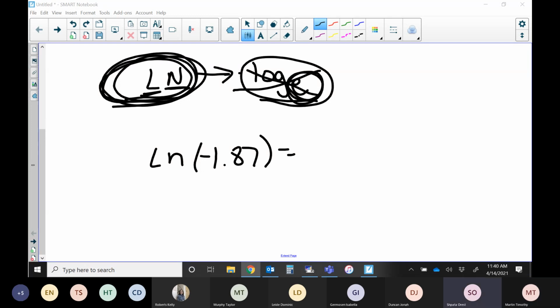It's on. 0.625. No. Something went wrong. Did you put it exactly like this in there? No, but let me get my scientific calculator. Or take your phone, it's fine. Hit 1.87 and then hit the negative sign. Then hit ln.